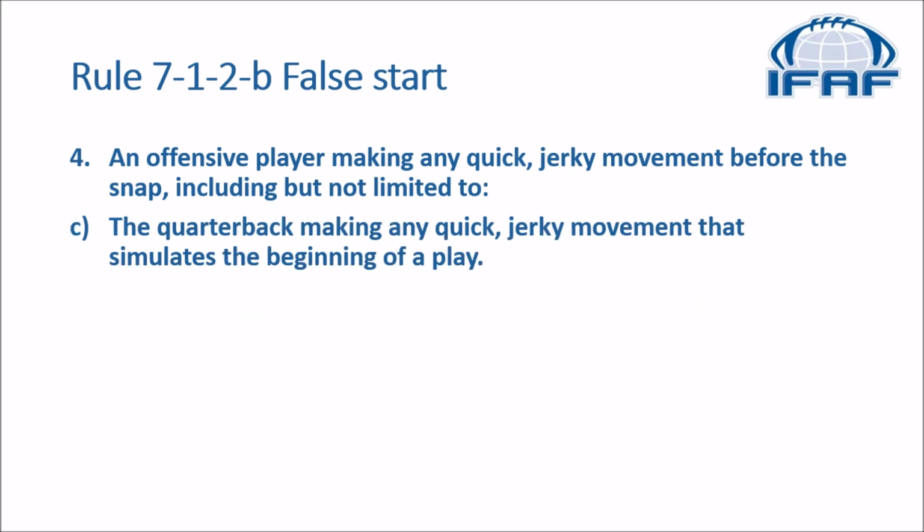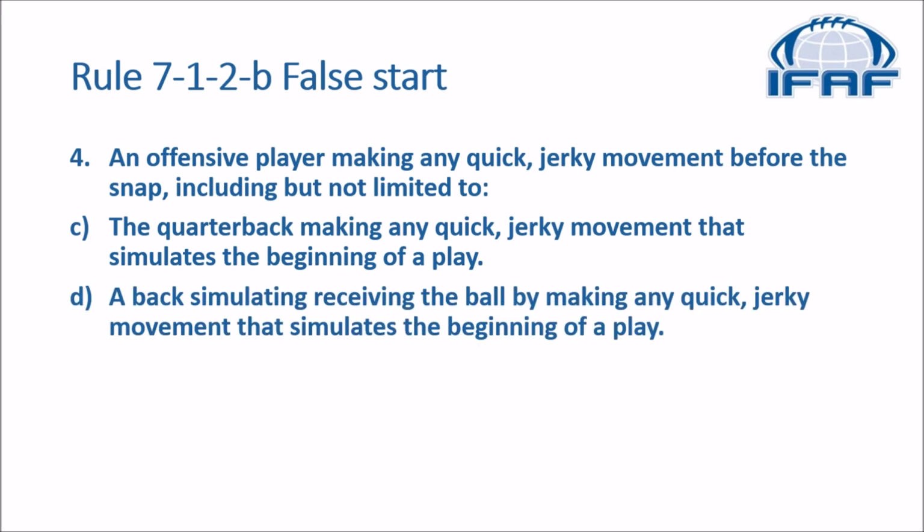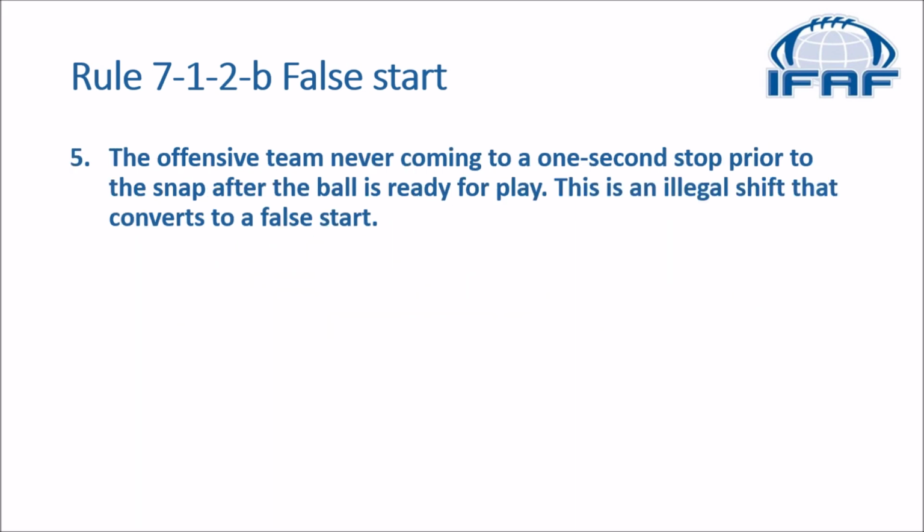C. The quarterback making any quick, jerky movement that simulates the beginning of a play. And D. A back simulating receiving the ball by making any quick, jerky movement that simulates the beginning of the play. And finally, 5. The offensive team never coming to a 1-second stop prior to the snap after the ball is ready for play. This is an illegal shift that converts to a false start.